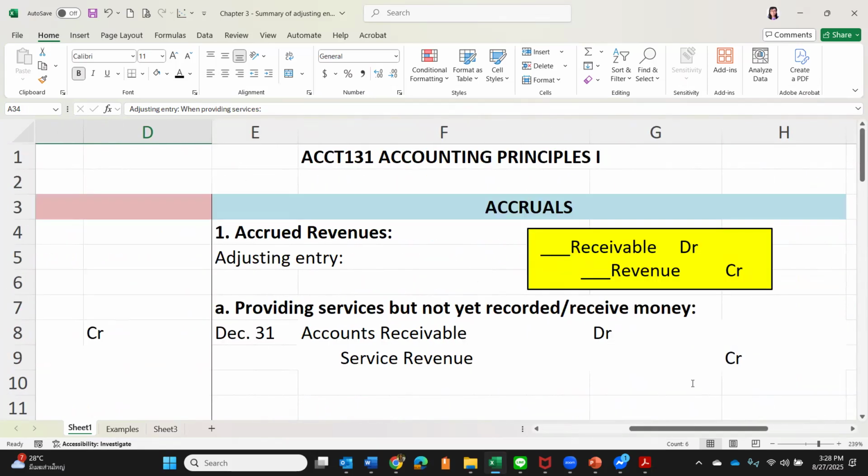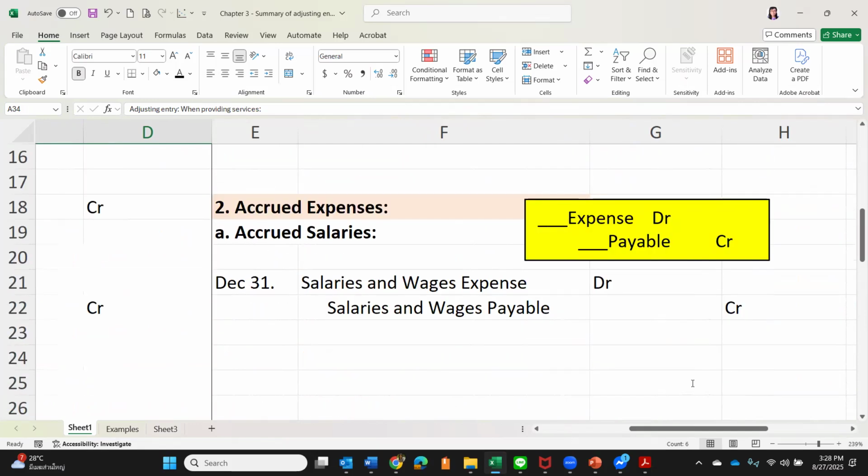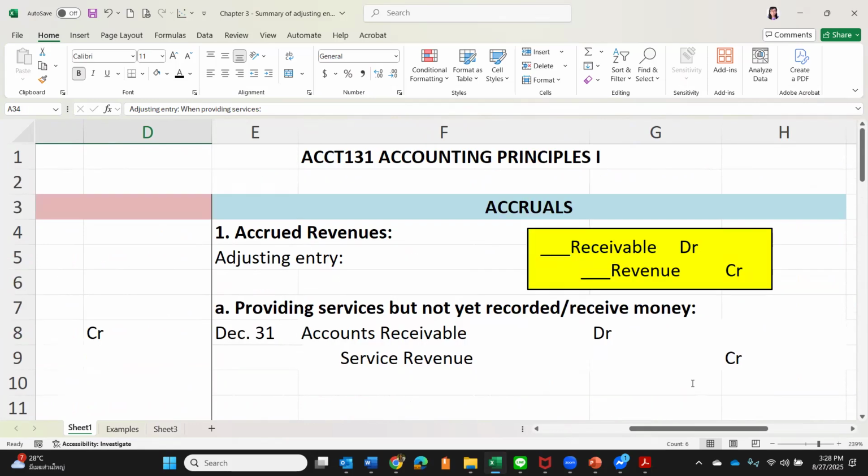Okay, now let's look at accruals. For accruals, we have two types, accrued revenues and accrued expenses. Accrued revenues happen when you already performed the service, but you haven't received the money yet. So we will debit a receivable account and credit revenues.